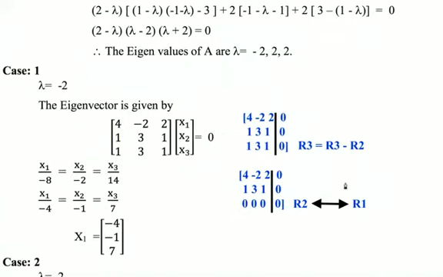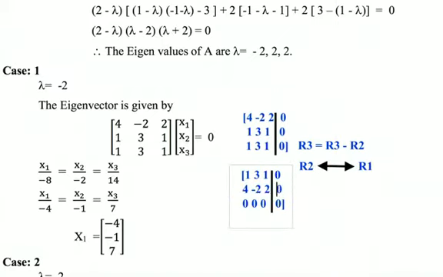I'm interchanging the two rows. After that also I'm writing the step here only, because of the space constraint. 1 3 1 here, 4, minus 2, 2. So I'm going to move this to the top. This makes sense, right? Now I'm performing my row operation on R2 here.